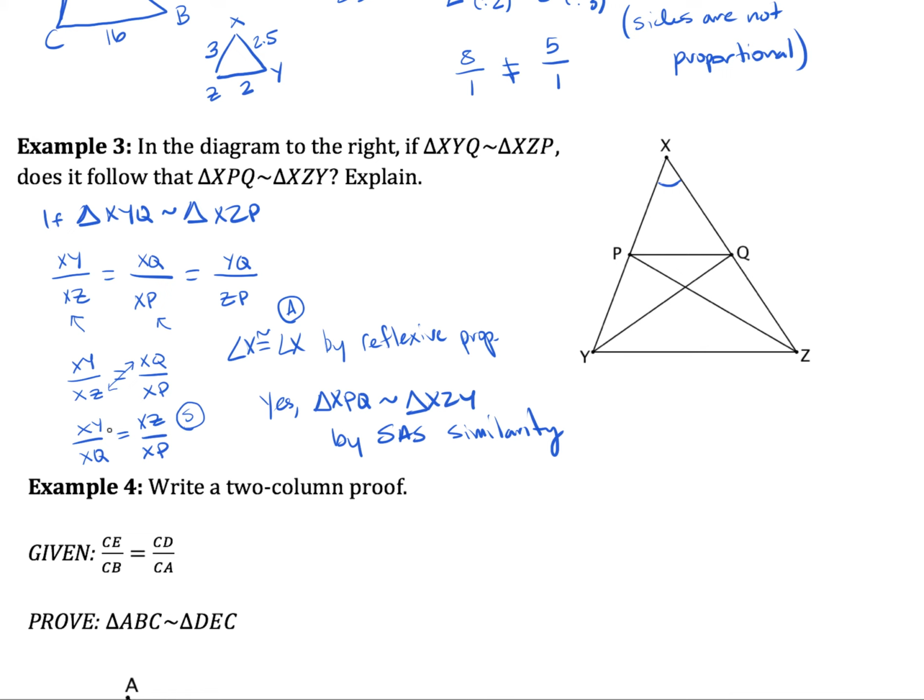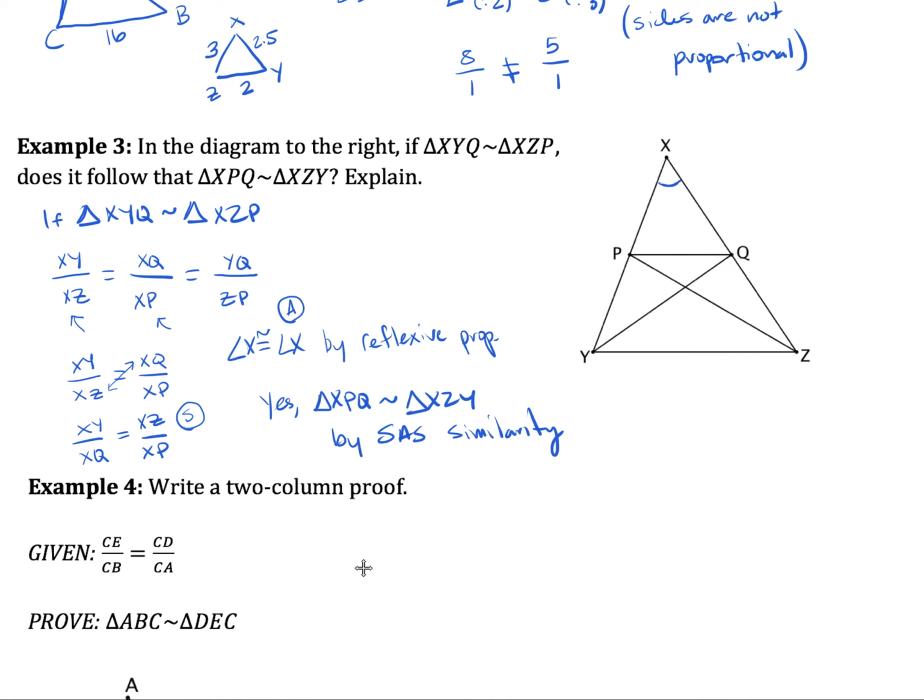And we know that those ratios between the corresponding sides are now equal, meaning that the corresponding sides are proportional, and we have an angle between them that's congruent, and that's what SAS similarity wants us to use. So yeah, these two triangles are similar if these two triangles are similar.